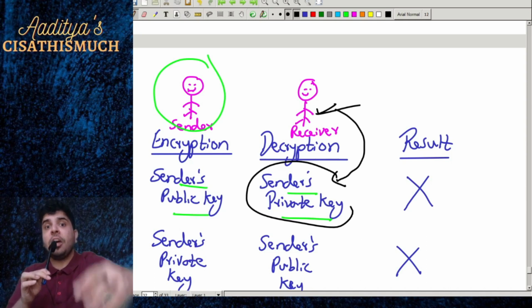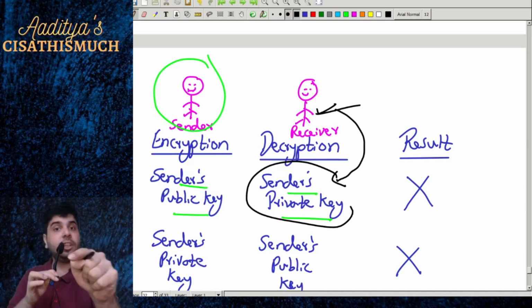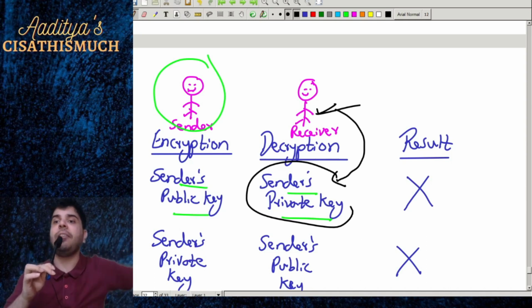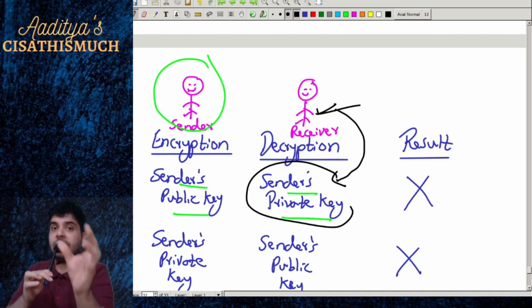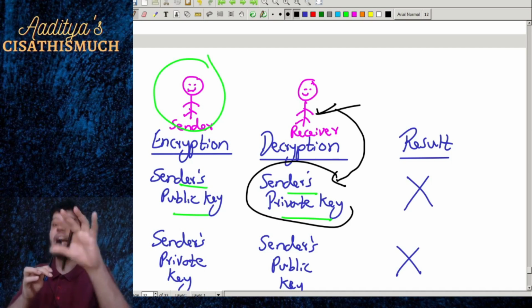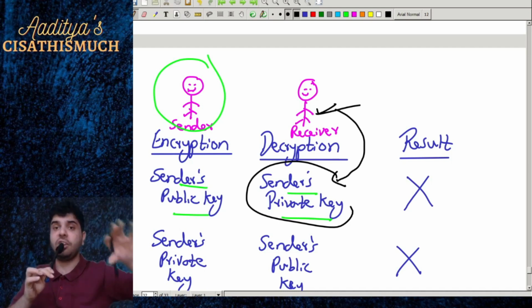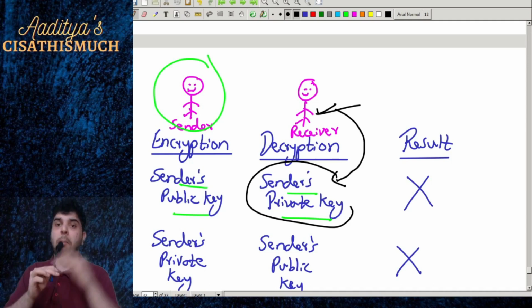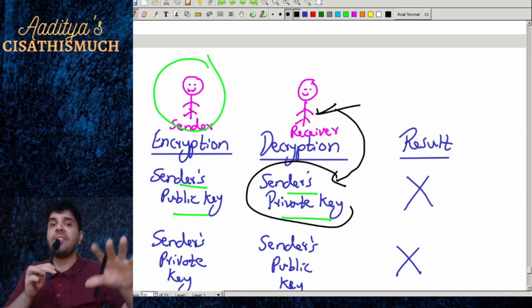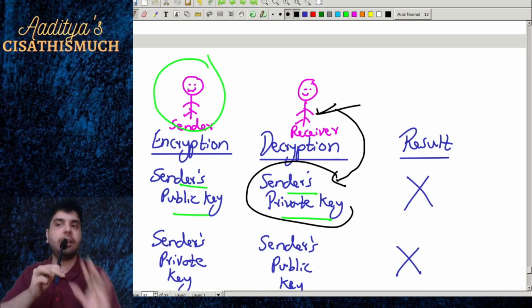The receiver has the receiver's private key, not the sender's private key. But in this combination, we are saying encryption by the sender's public key and decryption by the sender's private key. But the receiver does not have access to the sender's private key.